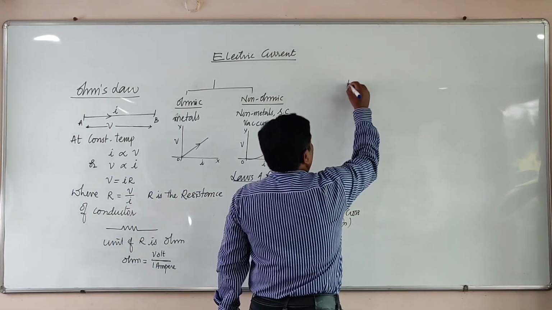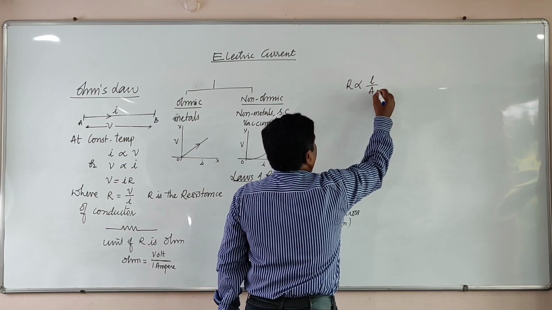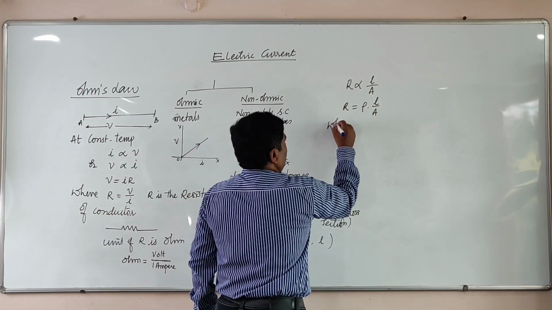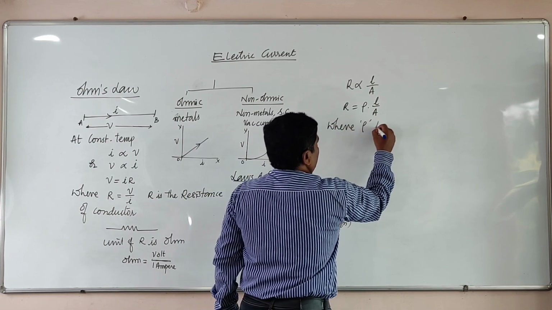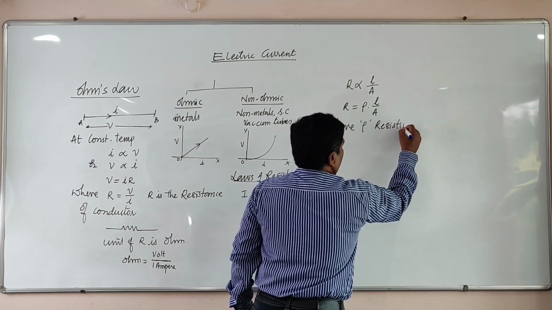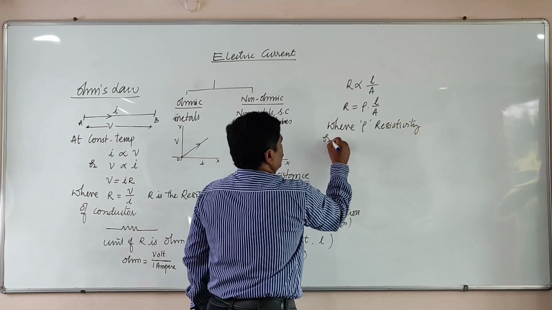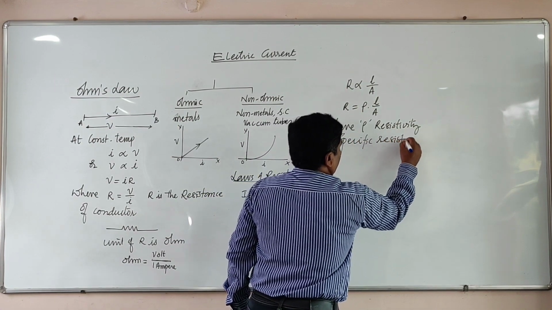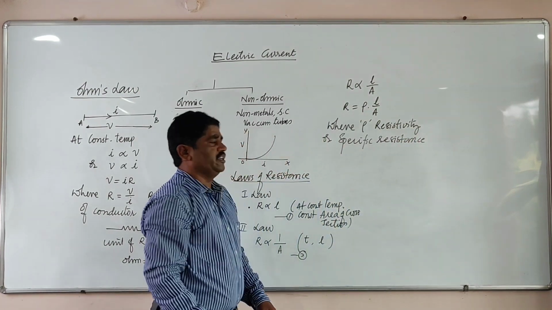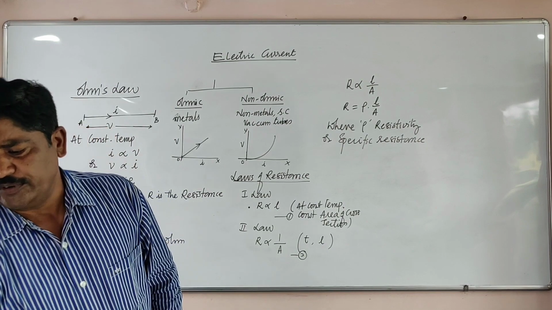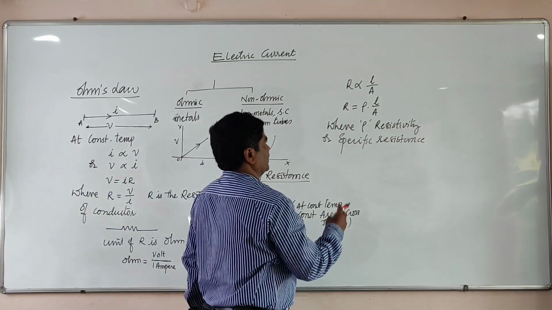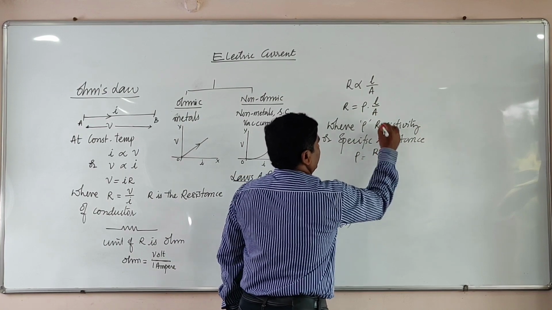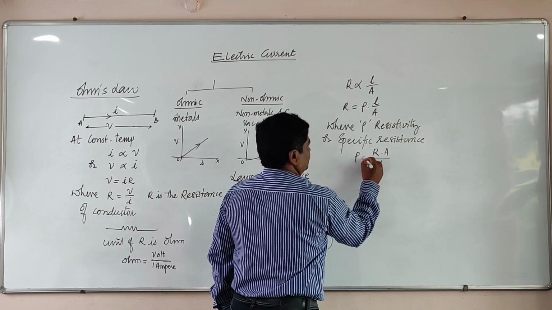By combining these two, R is proportional to L by A, therefore R equals rho into L by A, where rho is nothing but resistivity, or specific resistance. What is resistivity or specific resistance? It is R into A by L, which is rho.